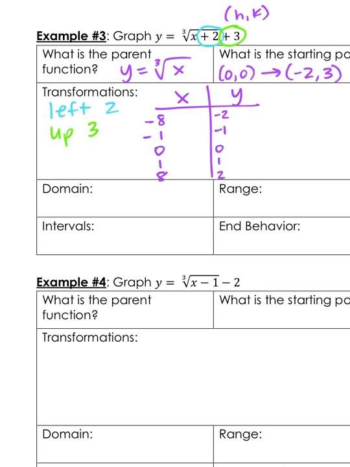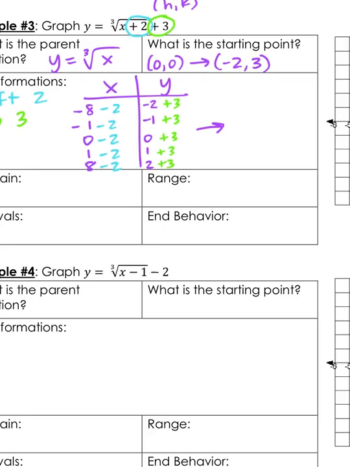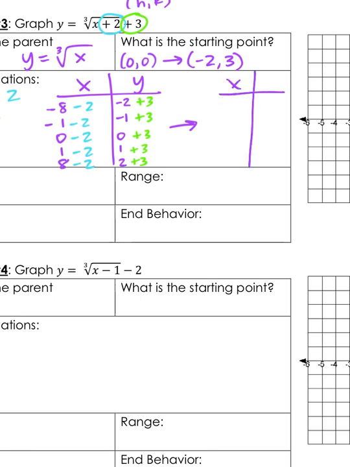So what I did was I took the moving left 2, so I'm going to subtract 2 from all of my x values. And then the up 3, I'm going to add 3 to all of my y values. So that is going to make my new table: -10, 1; -3, 2; -2, 3; -1, 4; and 6, 5.